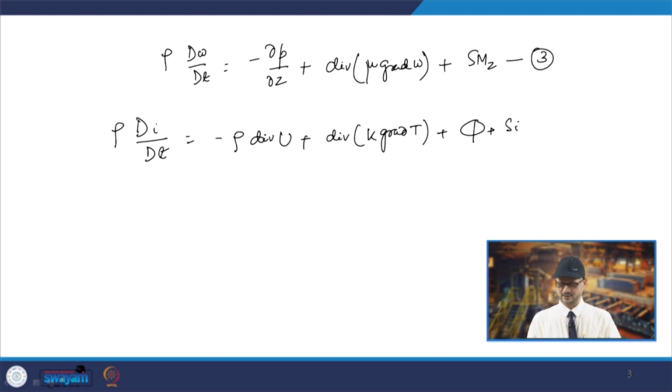Here phi is known as the dissipation function.